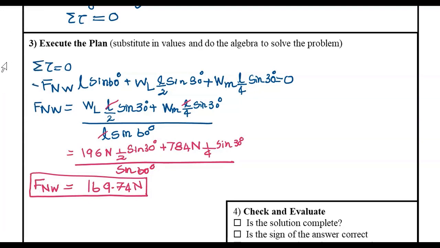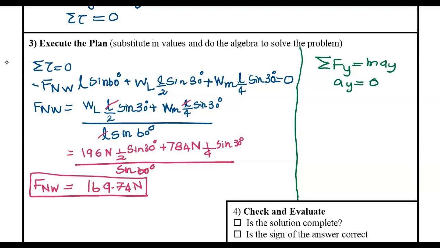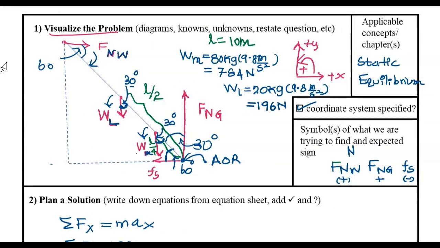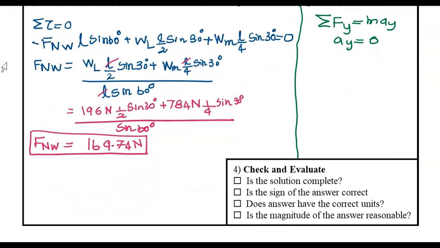And now let's calculate the next unknown force. I'm going to use the component form of Newton's second law in the y direction, since the system is at static equilibrium. Static equilibrium means net force is 0, net torque is 0. The net force is going to be 0. In the y direction, you can see there are 3 forces.